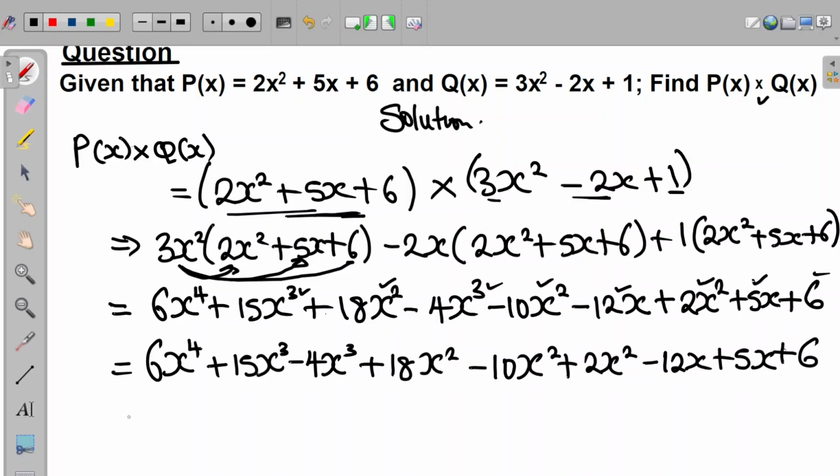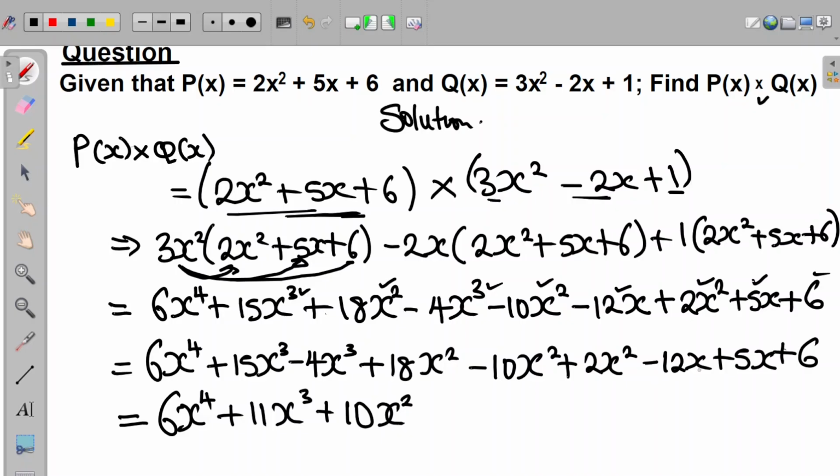So further simplification, we have that this is 6x to the power of 4. Now, 15x³ minus 4x³ is giving us plus 11x³. Now, 18x² minus 10x² is giving us 8x². 8x² plus 2x² is giving us plus 10x².